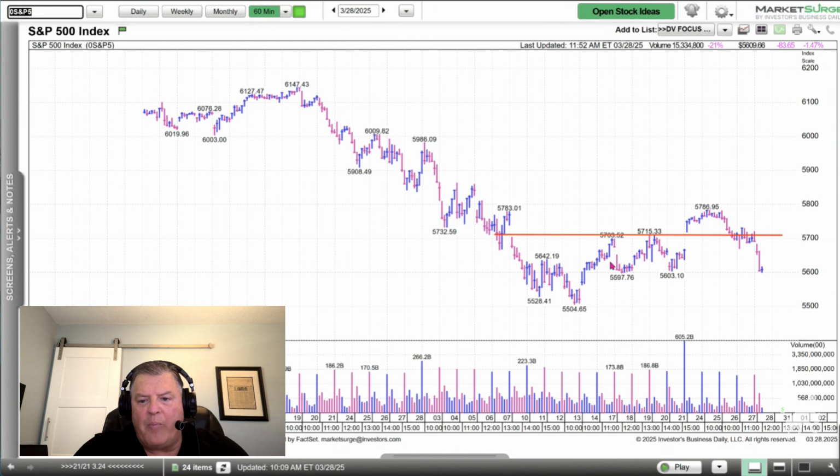We broke above the ranges on the 24th, stayed above them for 3 days, broke back into it. It's very frequent to test a pivot. We tested it, got back above it, failed, and closed back below it yesterday again, and now we're back near the bottom of this range again at 5,600.